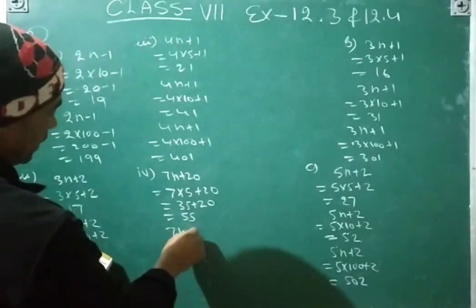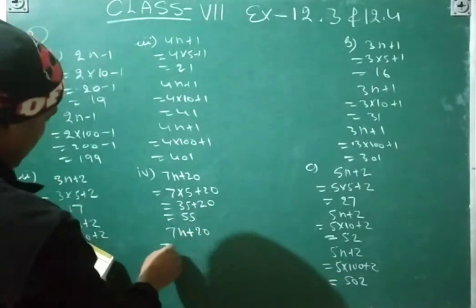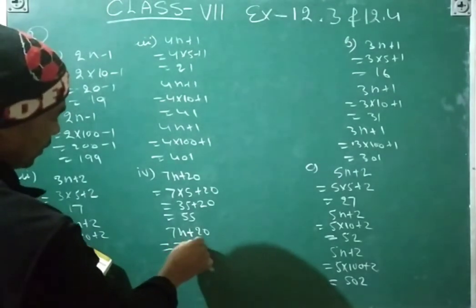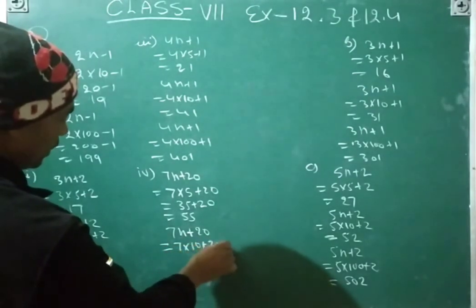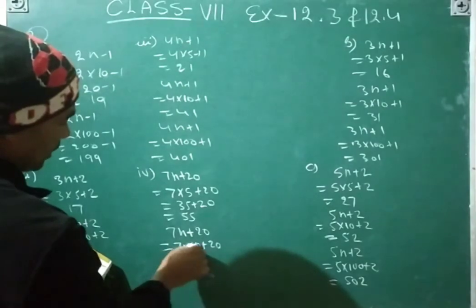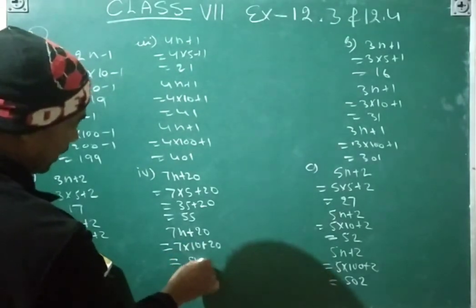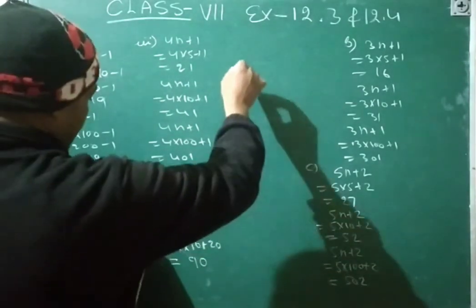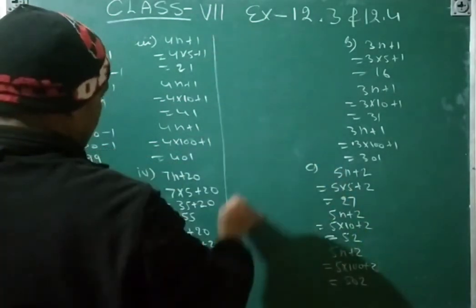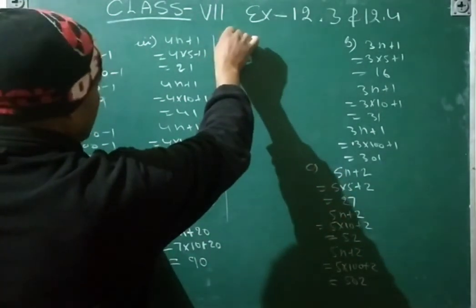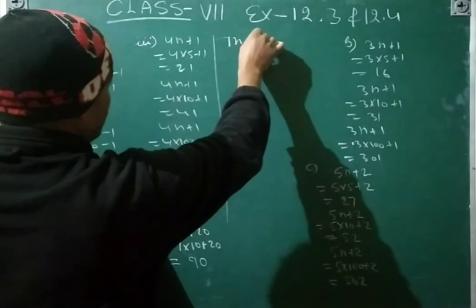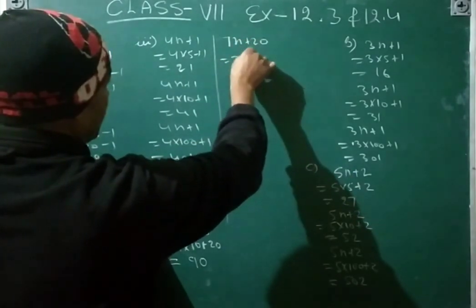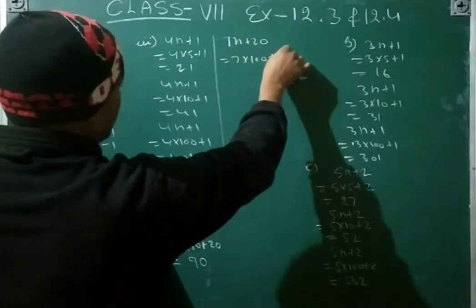And then the 10th place: 7 into 10 plus 20, that is 70, 80, 90. And then the 100th place: 7n plus 20 is equal to 7 into 100 plus 20.